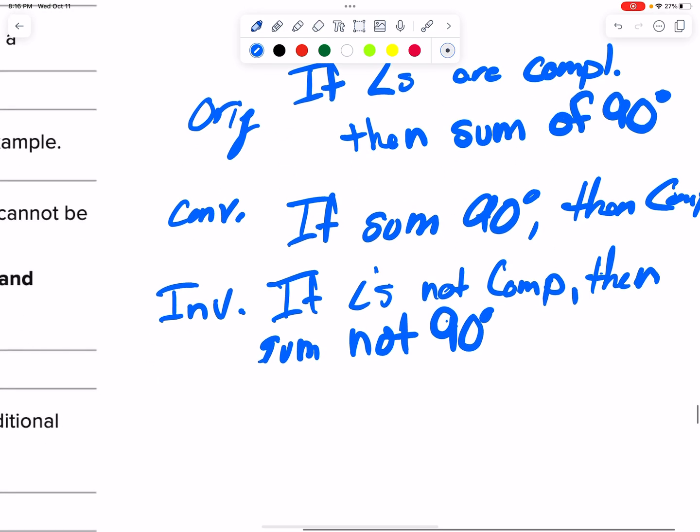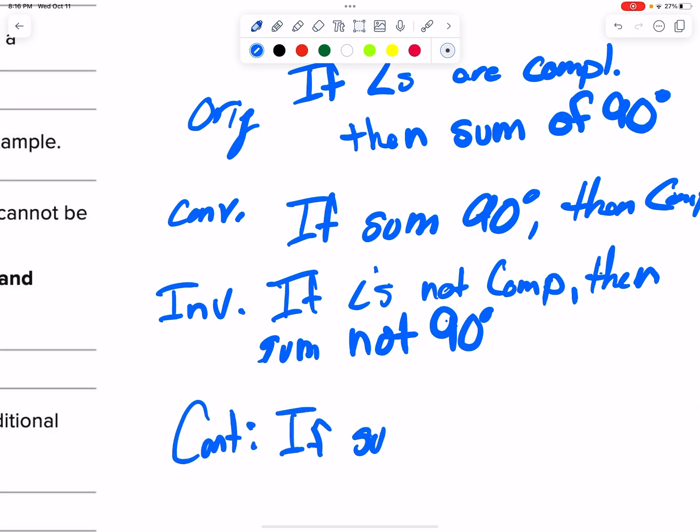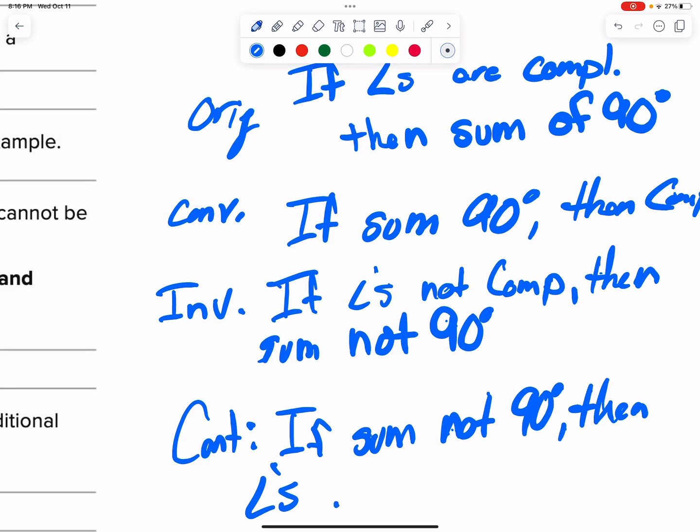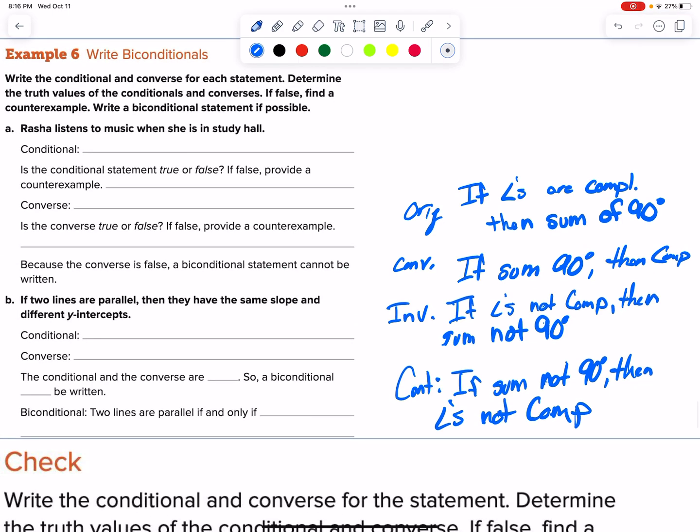And lastly, the contrapositive: if sum not 90, then angles not comp. Okay, all of those statements are true, 100% true.